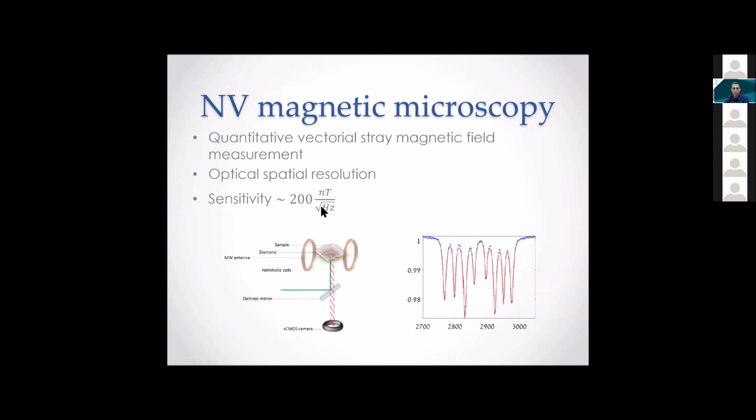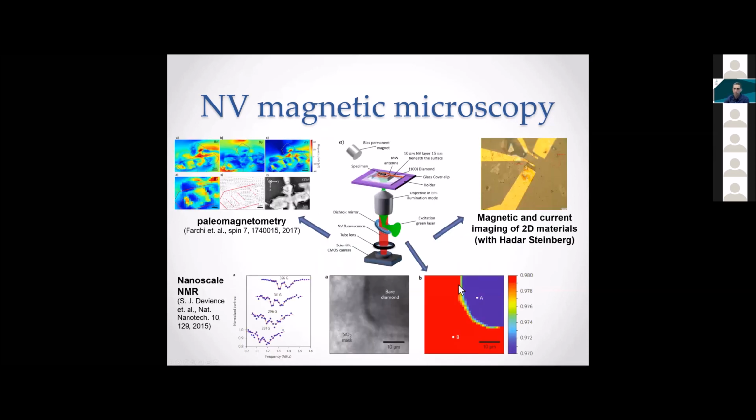Just as an example, very briefly flashing some directions, we're working on measuring 2D materials. I'll show you some of the preliminary 2D magnet work that we've done, but we're also imaging currents and corresponding transport effects in various materials.